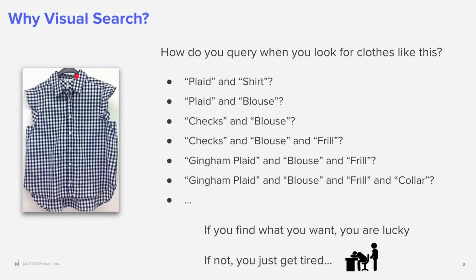Plaid and shirt, plaid and blouse, checks and blouse and frill, gingham plaid and blouse and frill and collar. There are many combinations of terms and keywords, and the way of expressions depends on the users. If you find what you want, you are lucky. If not, you just get tired.